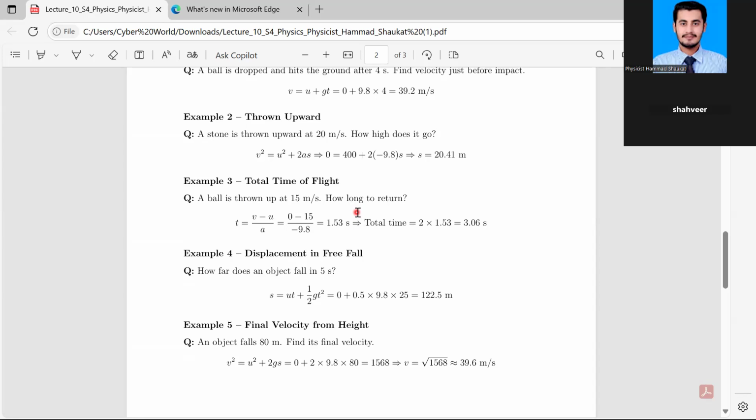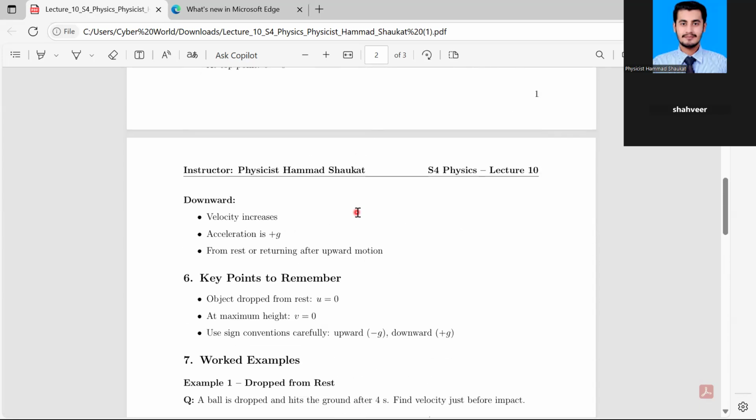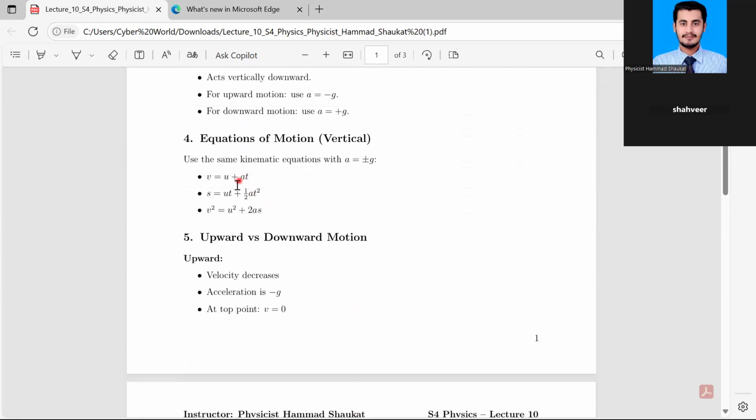So if we arrange our first equation of motion for time, how does it look? First of all, you have to move this u to the other side. So it becomes v minus u. Whenever you take something to the other side of the equal sign, the sign changes. You know that.